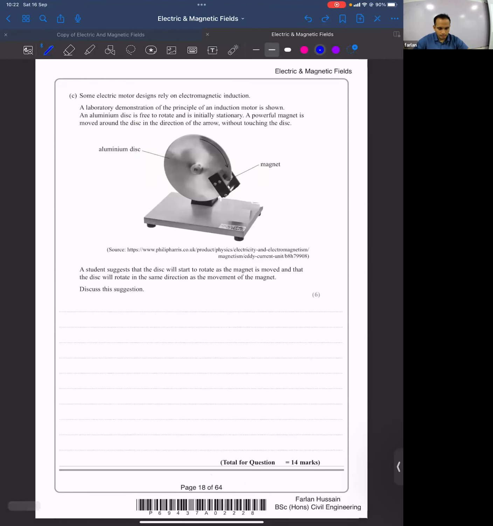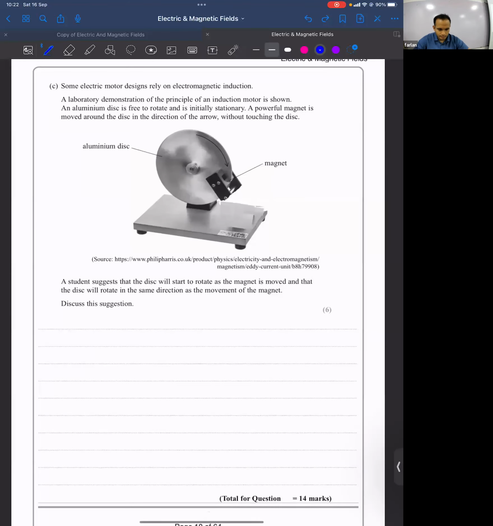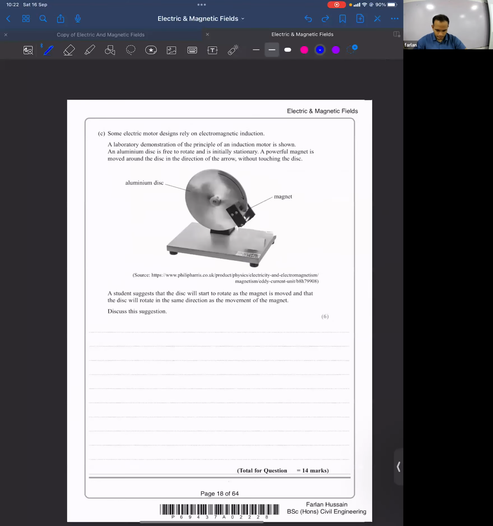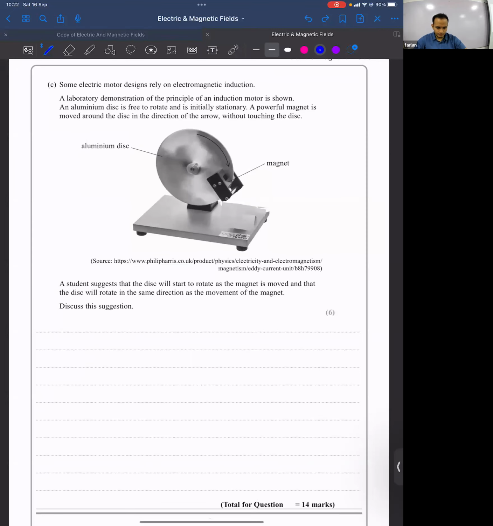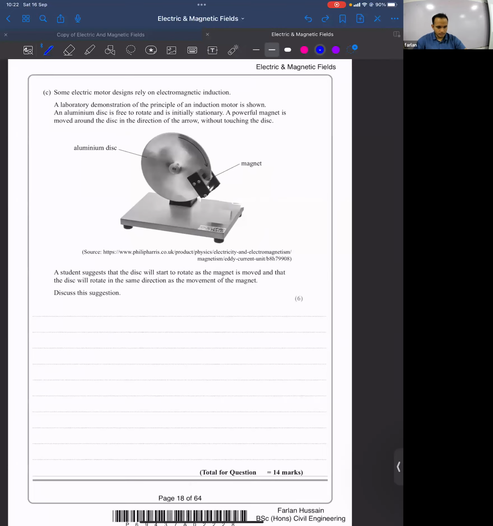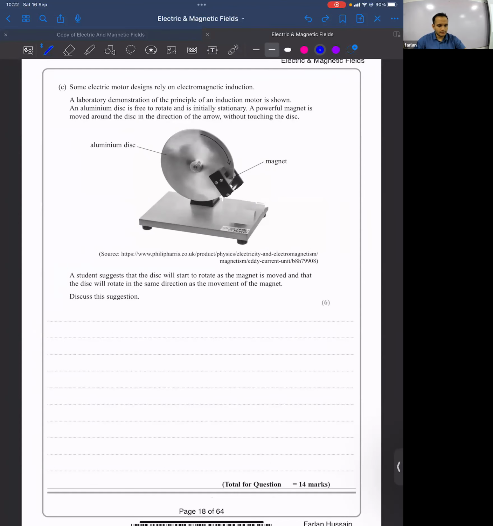Right, part C. Some electric motor designs rely on electromagnetic induction. A laboratory demonstration of the principle of an induction motor is shown.